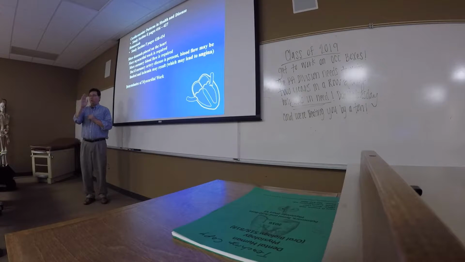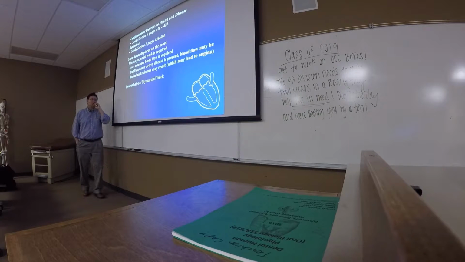They don't want the person to do so much myocardial work that it can lead to insufficient blood flow, insufficient oxygenation. So you give medications that limit myocardial work. So what are the determinants of myocardial work?